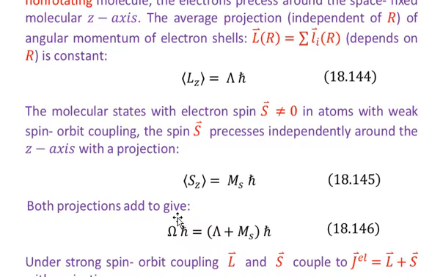Both the projections will add to give you capital omega times h bar equals capital lambda plus capital S, multiplied by h bar. This is equation number 146, which I shall show in graphical form in the next slide.